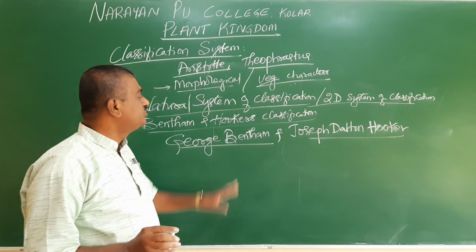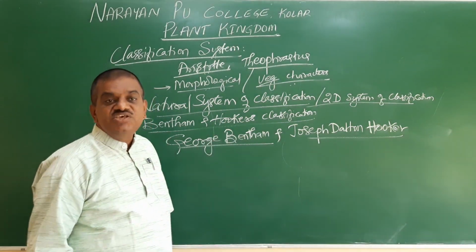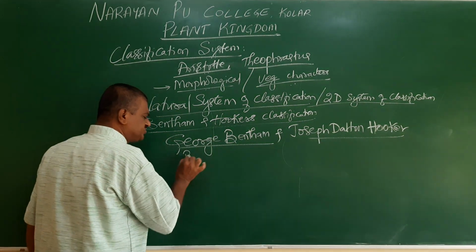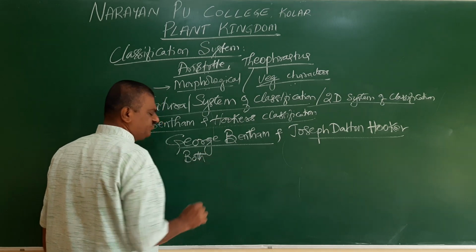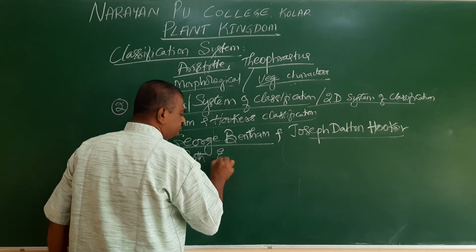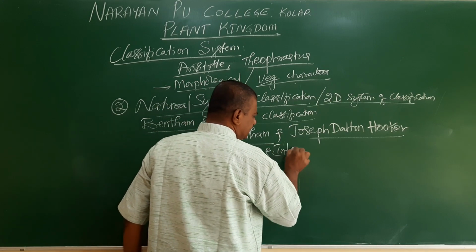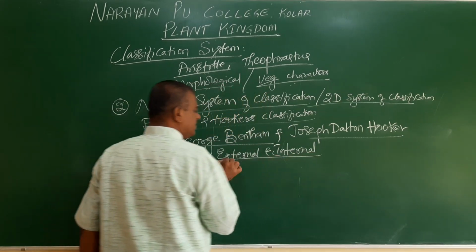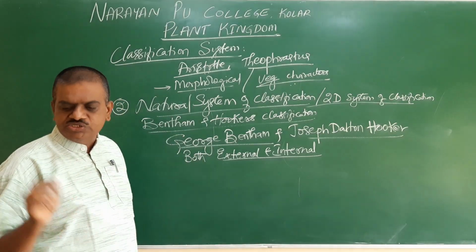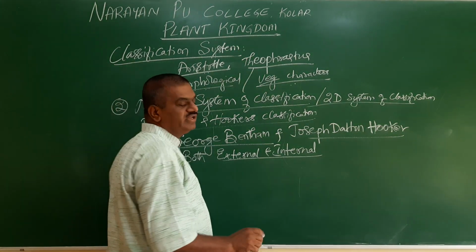These two persons proposed the classification called the natural system of classification. They classified based on both external and internal characters. They explained based on the external characters and also the internal characters.